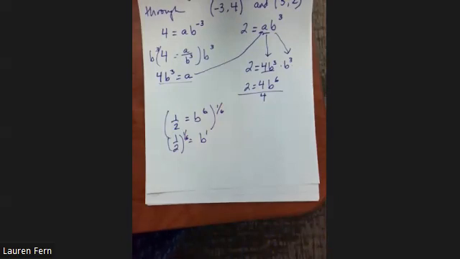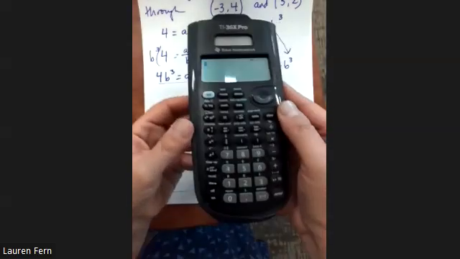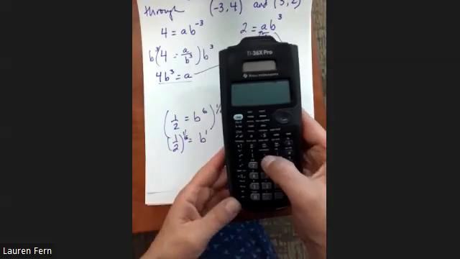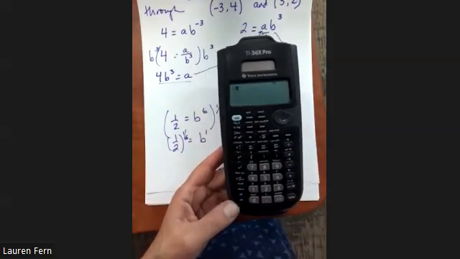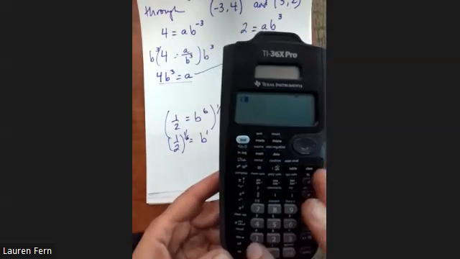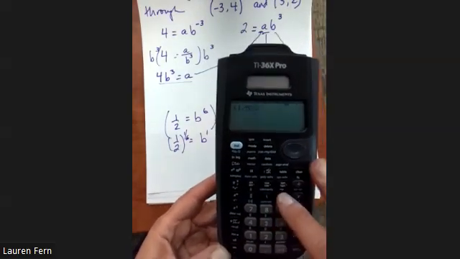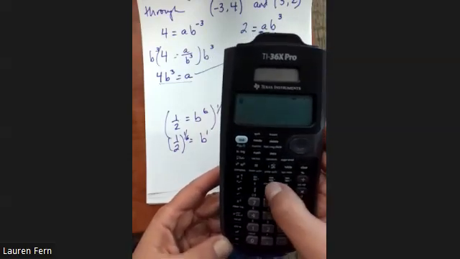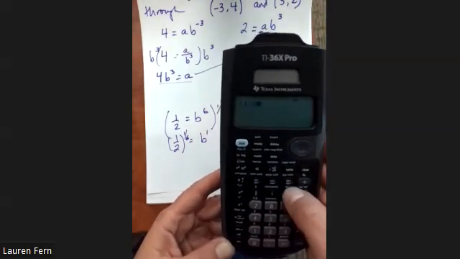And this is where calculators are super. Okay? So I'll show you on this calculator. I want to find 1/2. And normally, yes, I would just plug in 0.5, but I want to show you every little step. So 1 divided by 2.